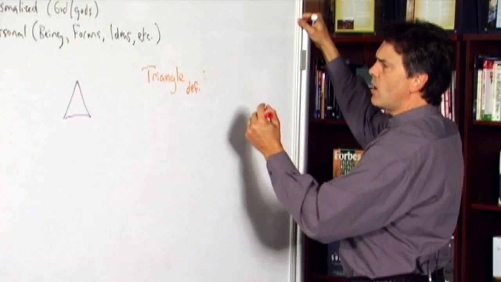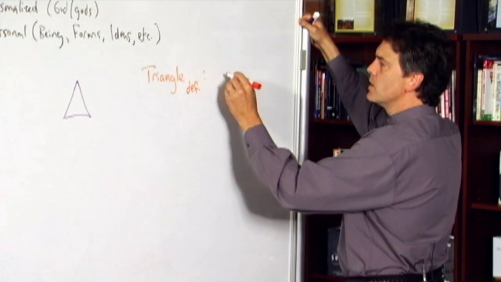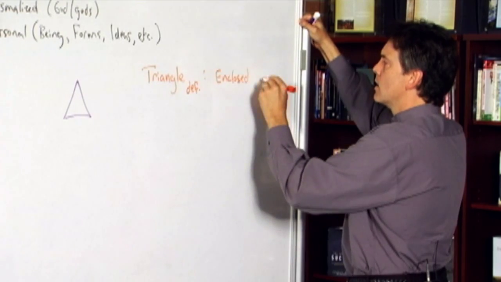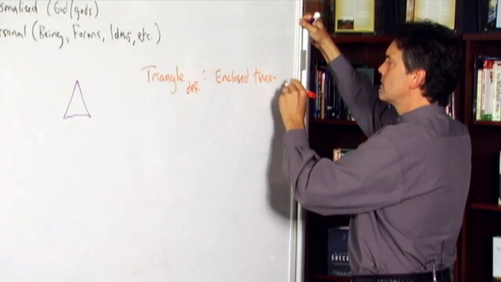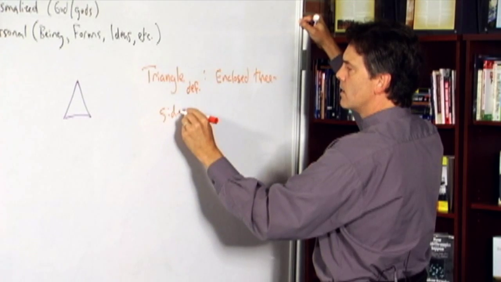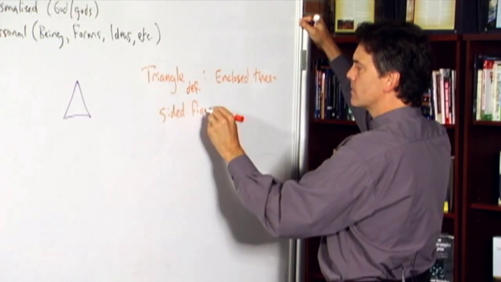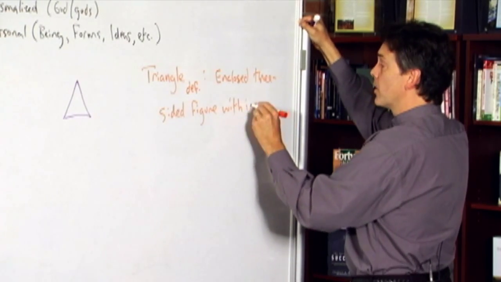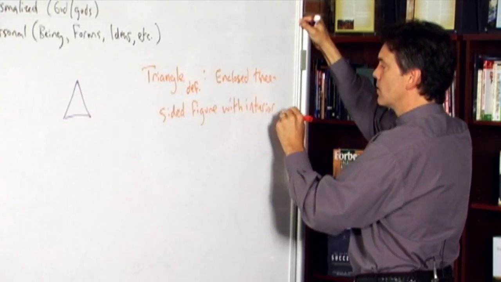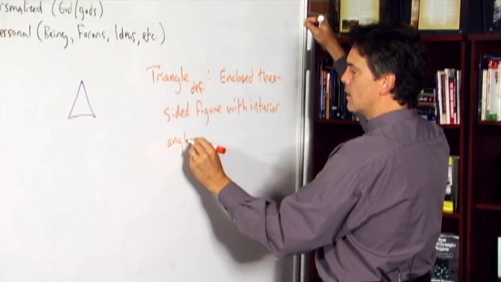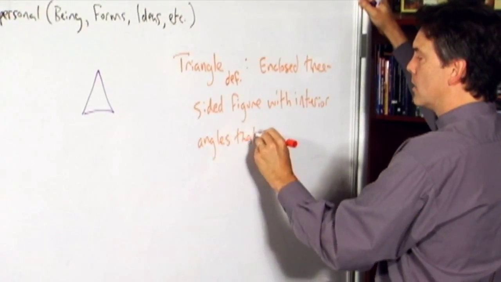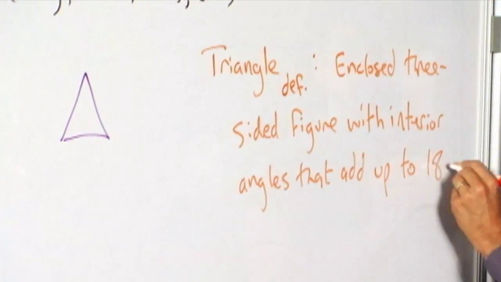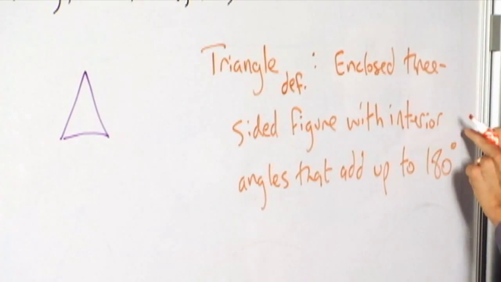We would say something like the following: a triangle is an enclosed, three-sided figure with interior angles that add up to 180 degrees.